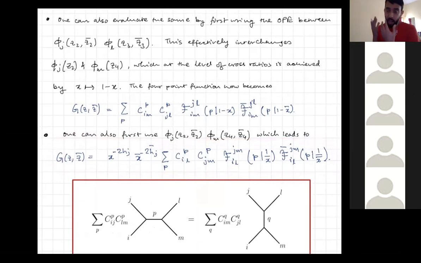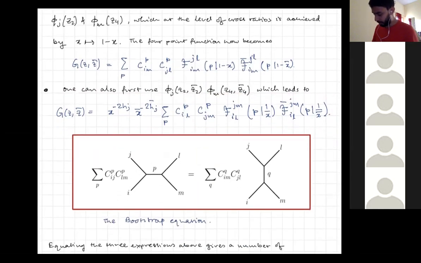All of these answers are equivalent. All of these answers are the same. So diagrammatically, these answers have to be the same, and this is an infinite set of equations which you are going to get from here.